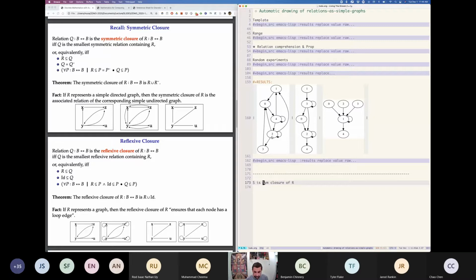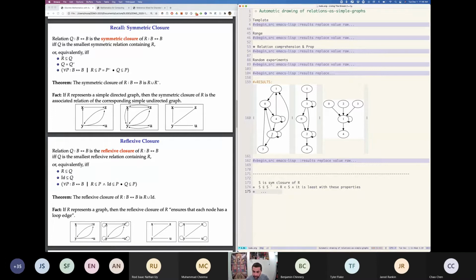So S is the symmetric closure of R means that S is contained in S converse, and it contains R, and it is least with these properties.